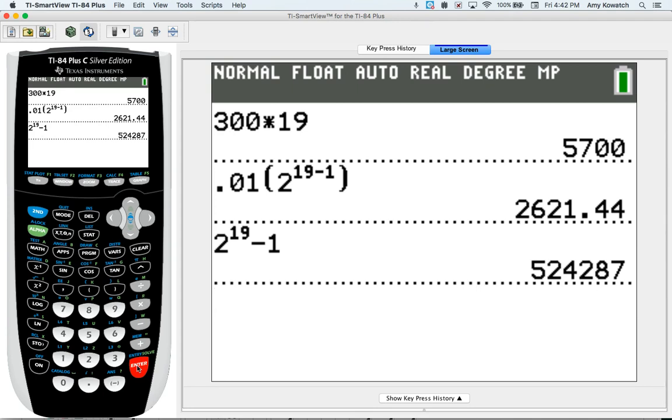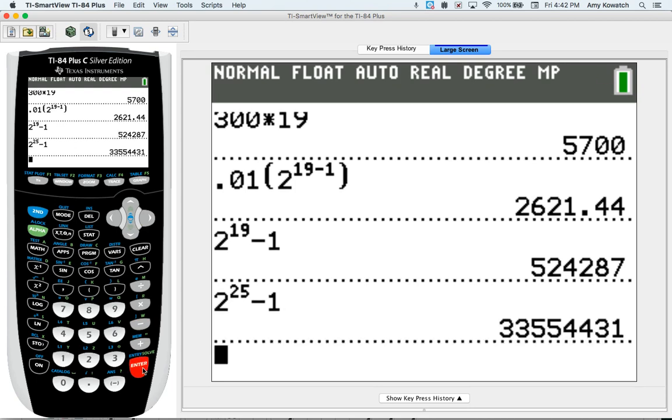But you can see what I'm getting at. I mean, the next day and then the next day, choosing the penny option and choosing doubling is very powerful. So let's just see what the total would be if I went 25 days. So 25 days is this formula of 2 to the n minus 1, and I would have this many pennies.